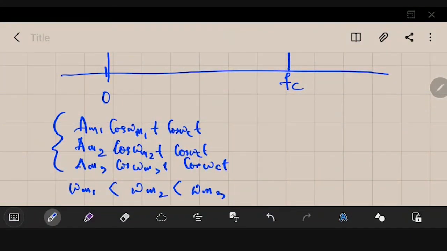The relationship could be different also. Somewhere you might find omega m2 is higher, somewhere you might find omega m3 is higher. So they could have different kinds of characteristics. For ease of understanding, I have done this, so let us say that omega m1 is less than omega m2 is less than omega m3.